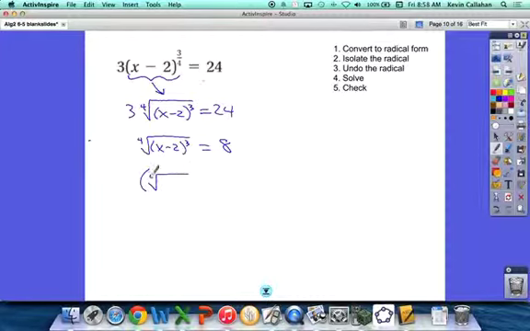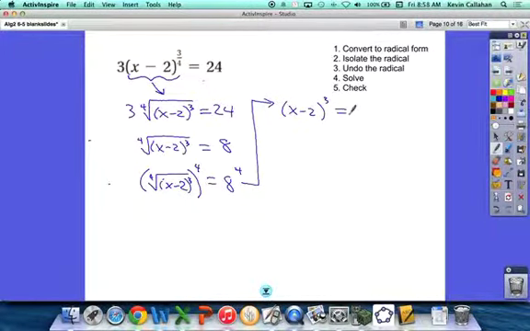So the 4th root of x minus 2 cubed, to the 4th power, equals 8 to the 4th power. All right, so what happens when you raise the 4th root to the 4th power? Cancel. So we've got x minus 2 cubed equals, and you could put that in your calculator, what's 8 to the 4th? 4,096.